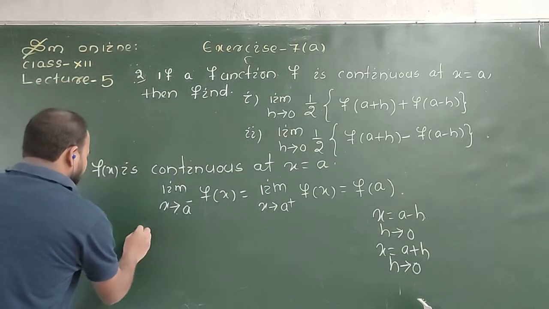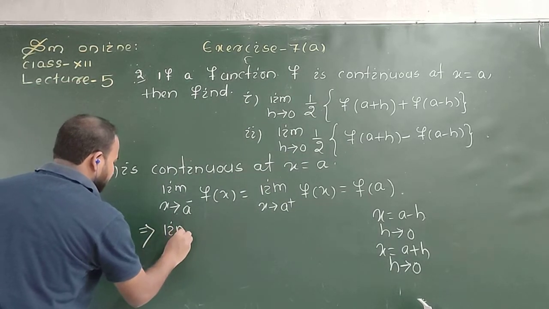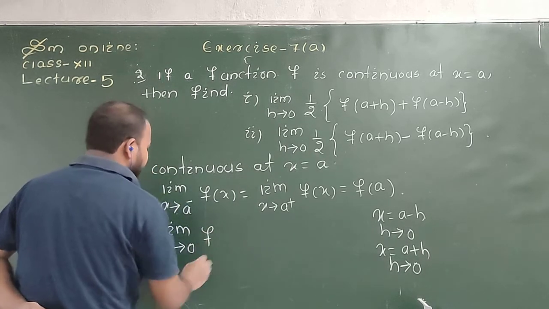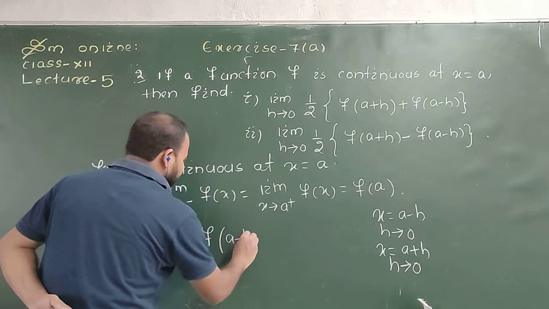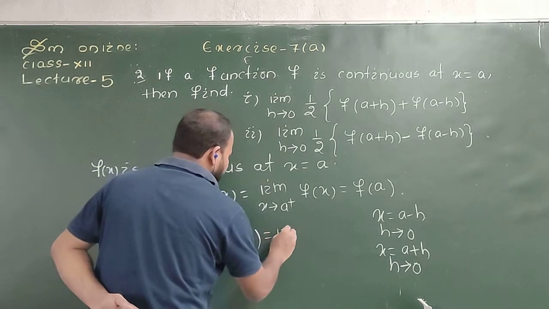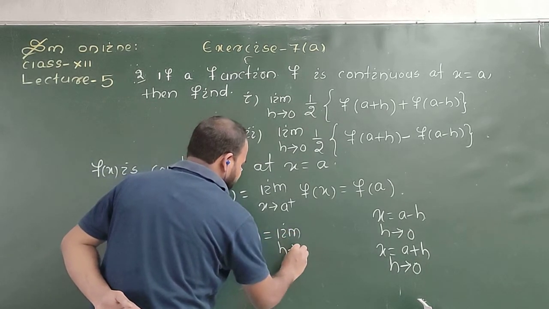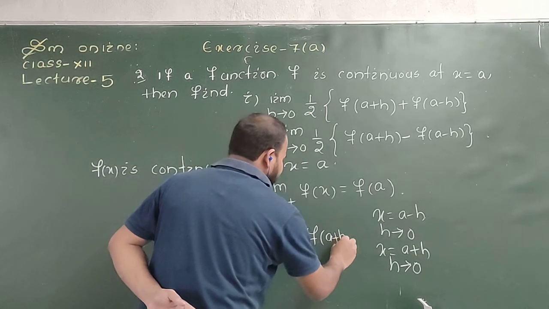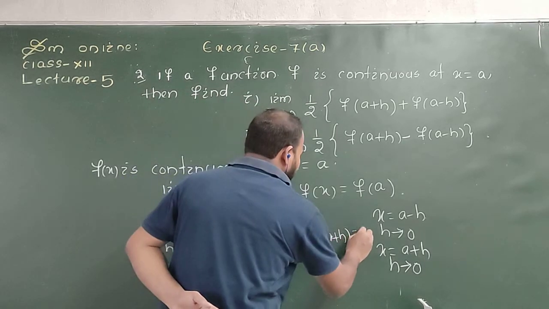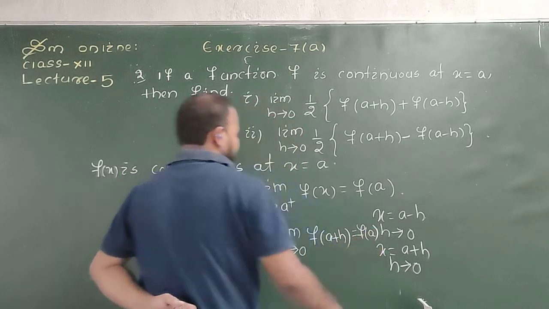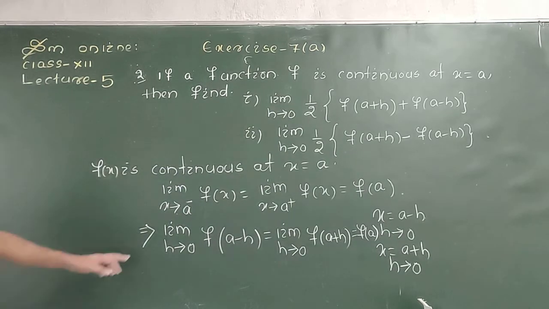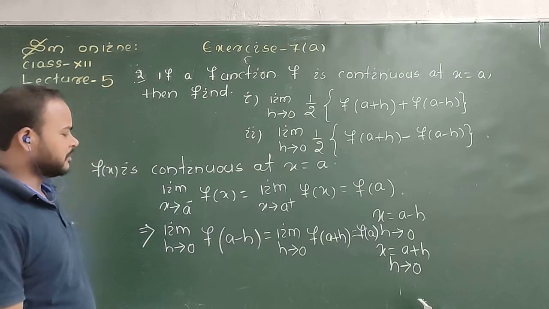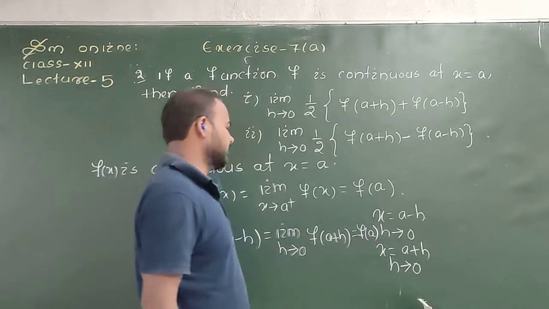So limit h tends to 0 f of a minus h equals limit h tends to 0 f of a plus h equals f of a.